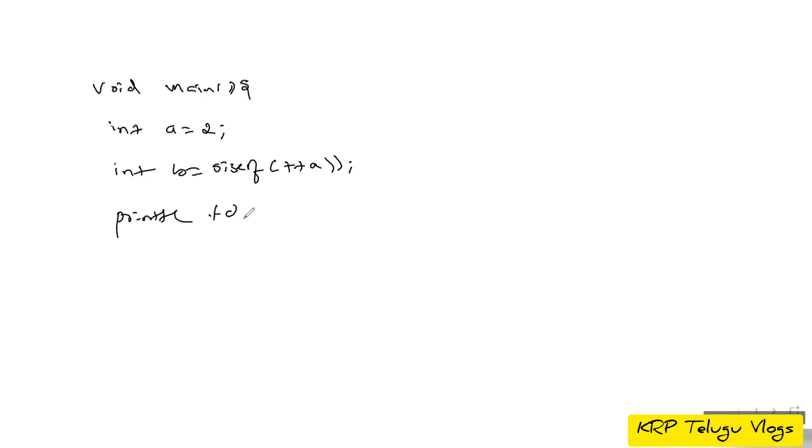So this is my question. So void main, int a is equal to 2, int b is equal to sizeof(a++) plus a. So printf %d, comma a, comma b.